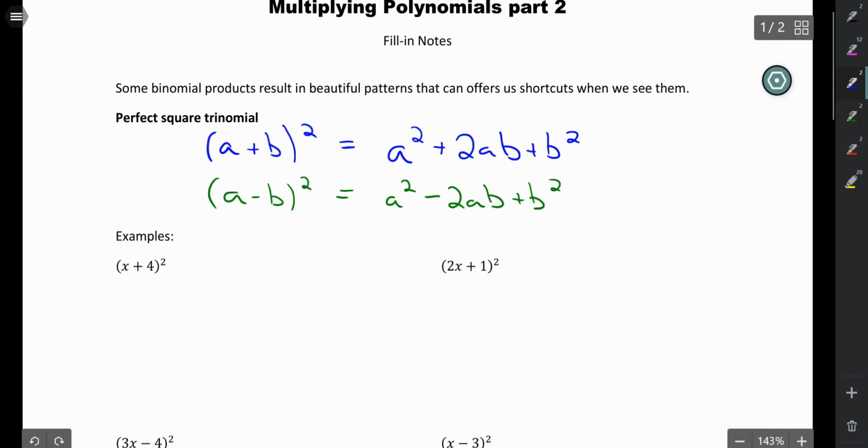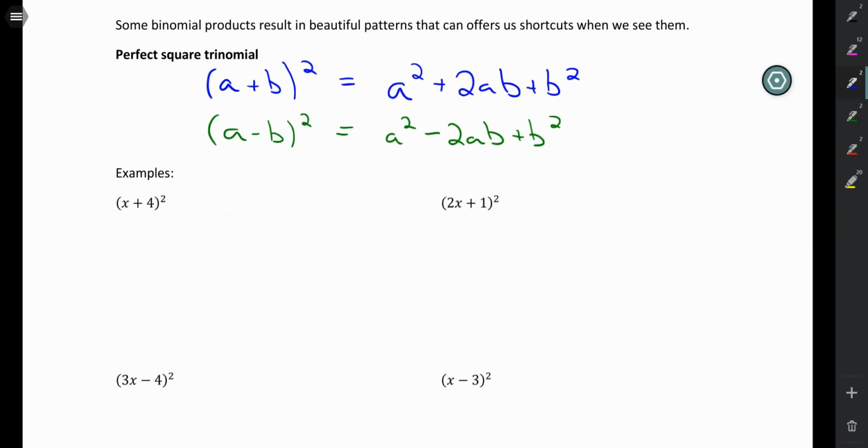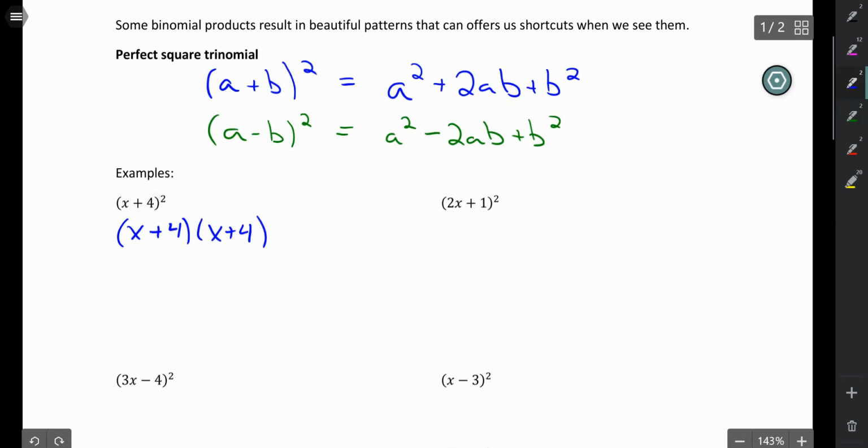And so over here, I have (x + 4) all squared, and since it's all squared, that means what I really have here is (x + 4) times (x + 4), right? It's multiplying by itself twice, which means, since we know how to multiply these, that I am double distributing.